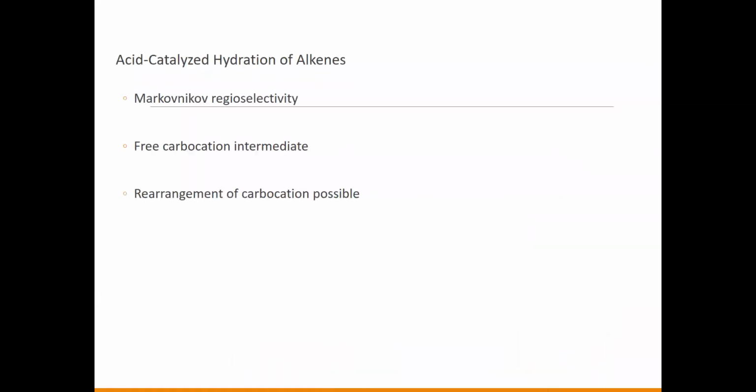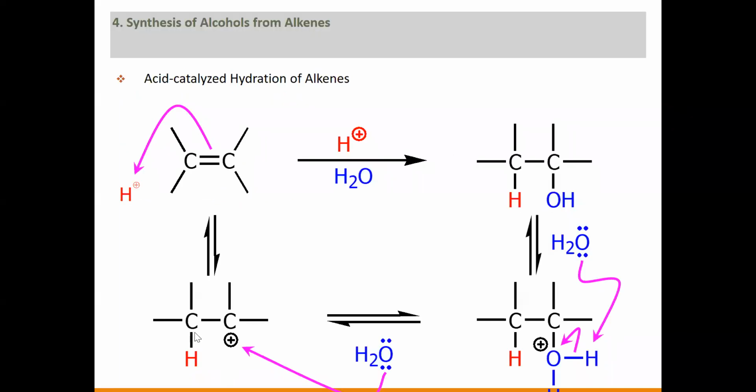And of course, this reaction has Markovnikov regioselectivity, you have a carbocation intermediate, and once you form your carbocation, there is always the possibility of rearrangement of your carbocation. If, for example, you have R groups on the adjacent carbon, and there is a chance that your carbocation would form a more stable carbocation, there's a possibility of a methyl shift or a hydrogen shift.